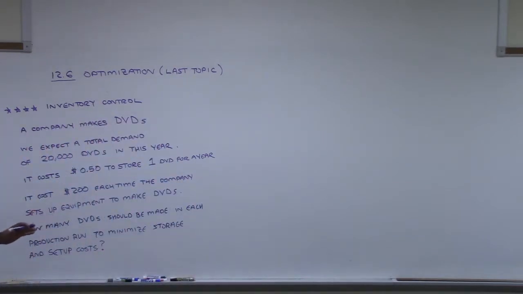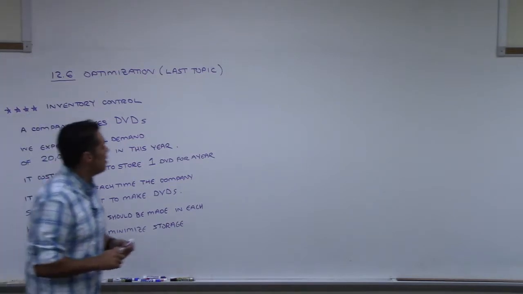So let's try and understand what's happening here. We have this thing called a production run. So production run is, we're going to set up the DVD burner and we're going to make DVDs, right? We could do that several different ways. Let's just talk about some scenarios.